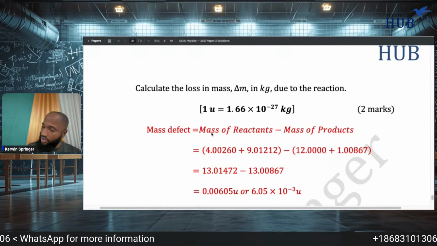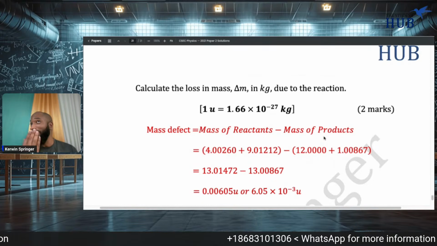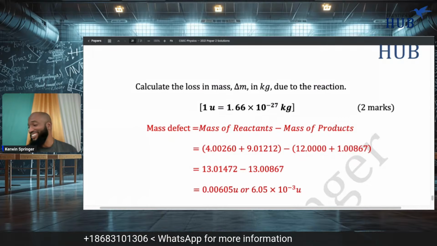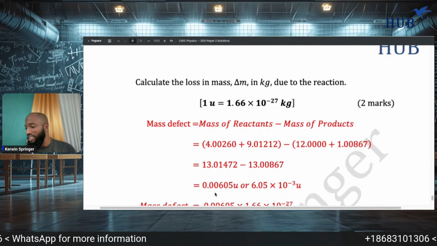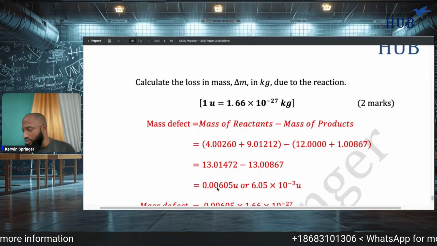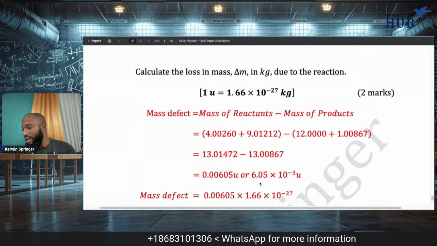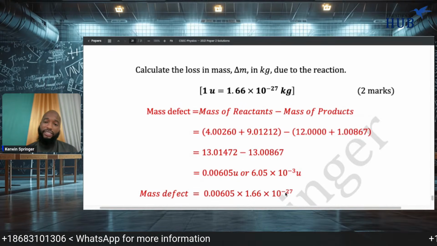So here you go, mass of reactants, mass of products. I hope you're absorbing physics that way. That means you're learning. So add up the mass of reactants, add up the mass of products. This is the mass defect, 0.00605. And then you multiply by 1.66 times 10 to the negative 27.